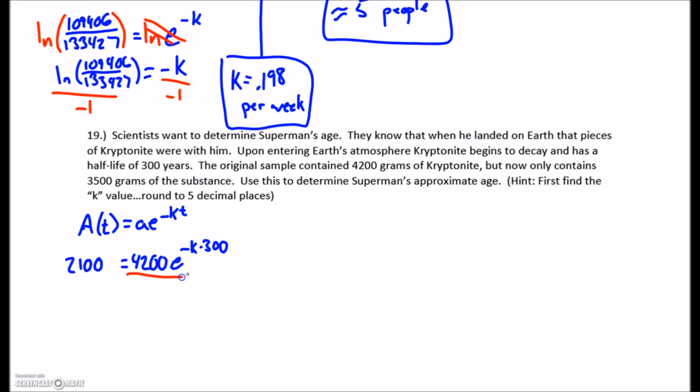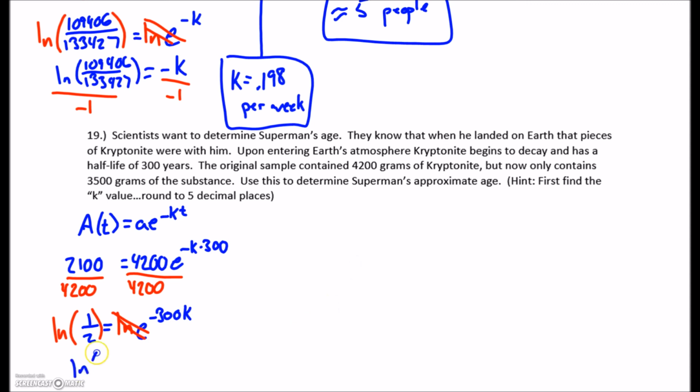Now I'm going to solve for the k value, so I divide each side by 4,200. That gives me 1/2 equals e to the negative 300k. Now I take the natural log of each side, like I always do. Over here, the natural log and e cancel each other out, which is wonderful.